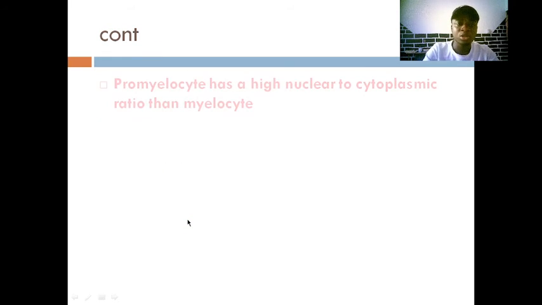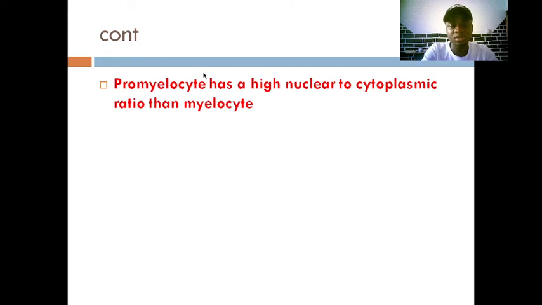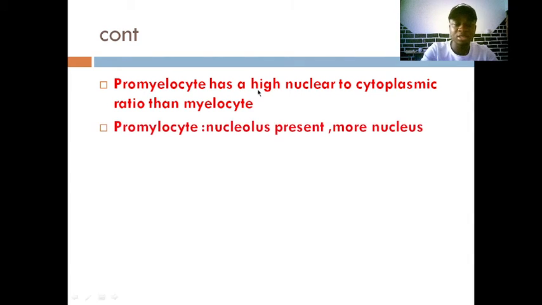If you take the promyelocyte, it has a higher nuclear to cytoplasmic ratio than the myelocyte, and of course promyelocytes contain nucleoli, and there's more nucleus.